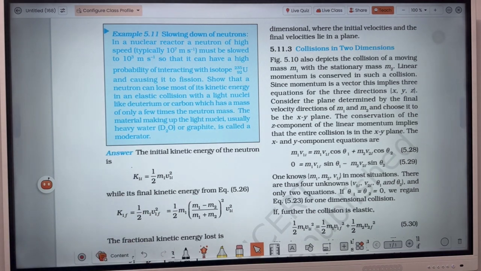In a nuclear reactor, a neutron of high speed, typically 10 power 7 meter per second, must be slowed to 10 power 3 meter per second so that it can have a high probability of interacting with isotope uranium-235 and causing it to fission, so that a neutron can lose most of its kinetic energy in an elastic collision with a light nuclei like deuterium or carbon, which has a mass of only a few times the neutron mass. The material making up the light nuclei, usually heavy water D2O or graphite, is called a moderator. So let's see.